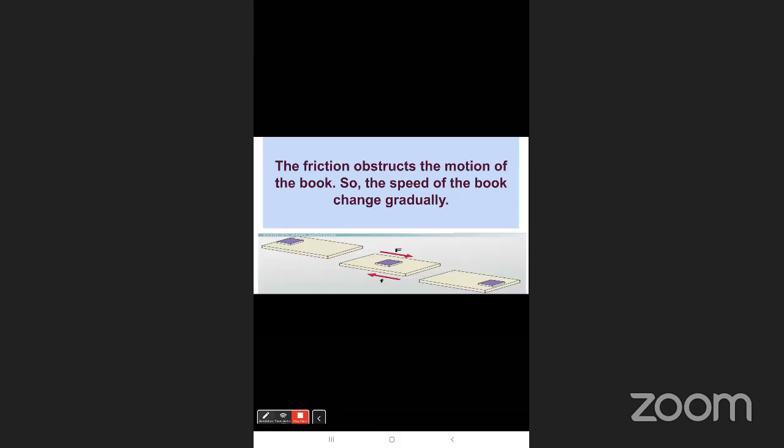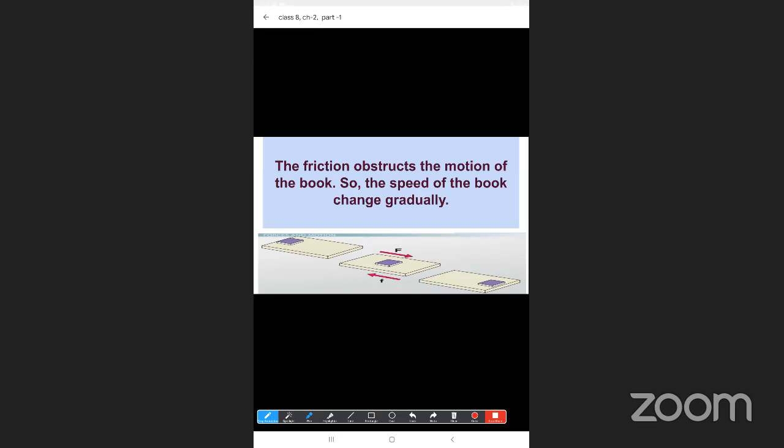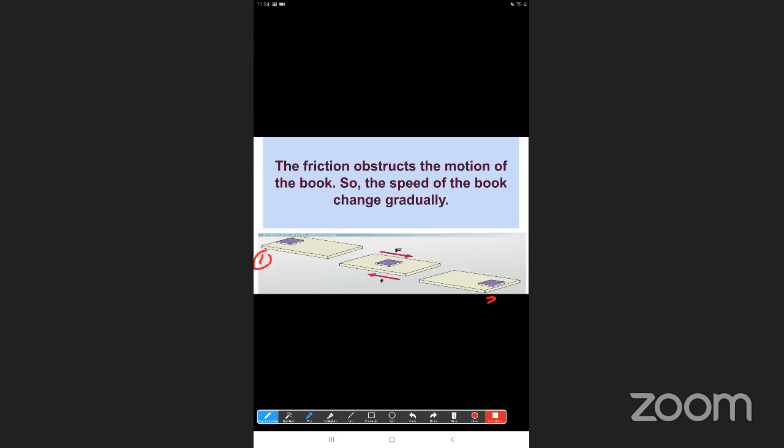So when we push the book, it moves with some speed. It travels some distance from one corner to the other corner of this plane or table.